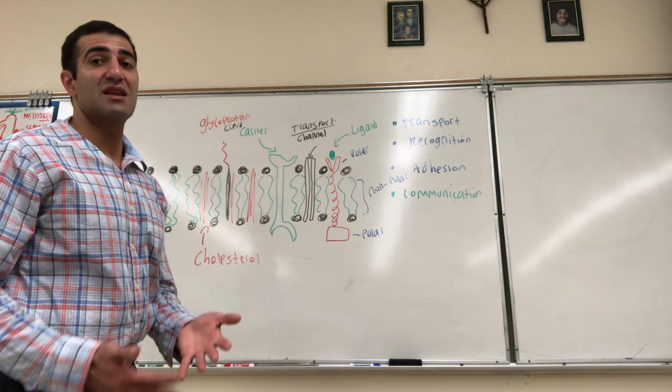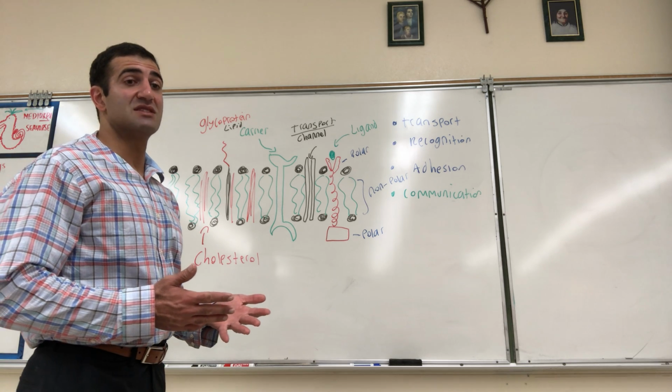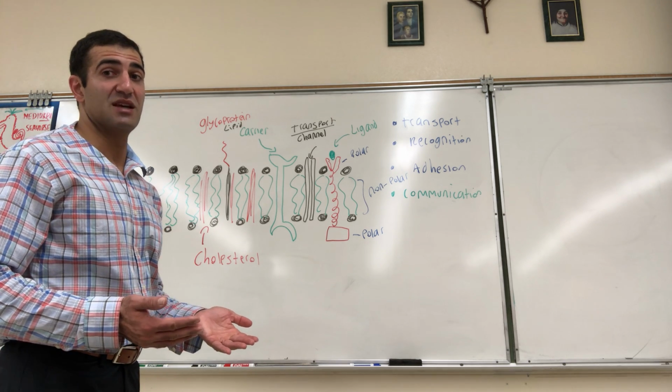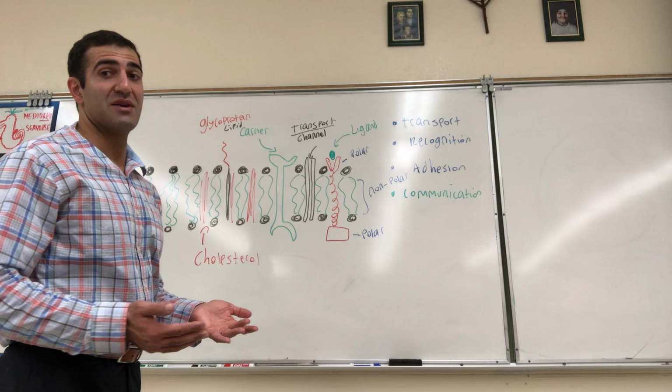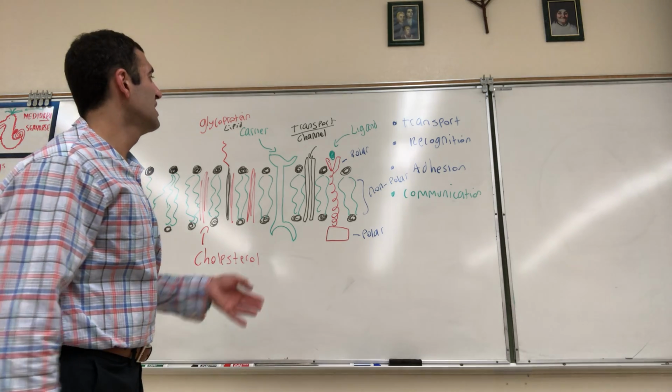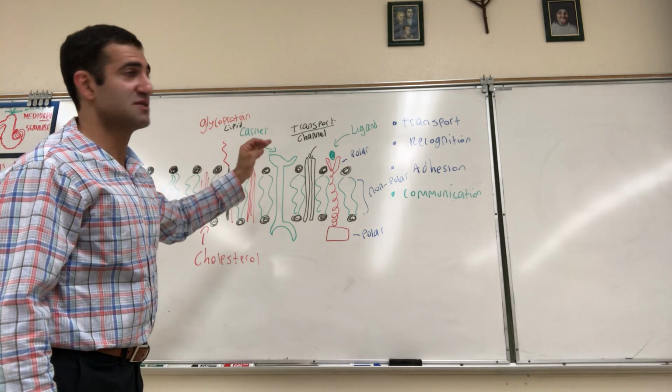Now, this is great as far as giving the cell really great properties like being fluid and allowing things to diffuse through, but it also needs some help with proteins.